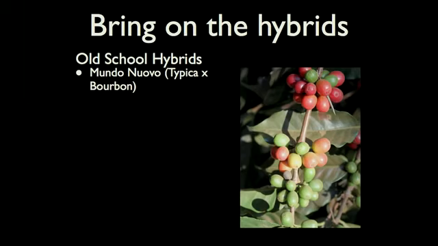And the name that they gave to the cross of Typica and Bourbon was Mundo Novo, after the Portuguese word meaning New World. So Mundo Novo existed in Brazil. They took Mundo Novo and crossed it with Caturra, that short, highly productive variety, and that became Catuai. Catuai was grown all over Brazil and spread throughout Latin America, and there's many plantings of Catuai throughout Latin America.